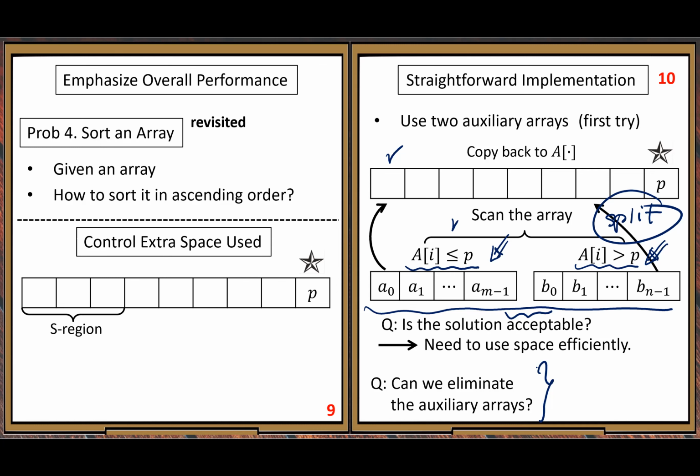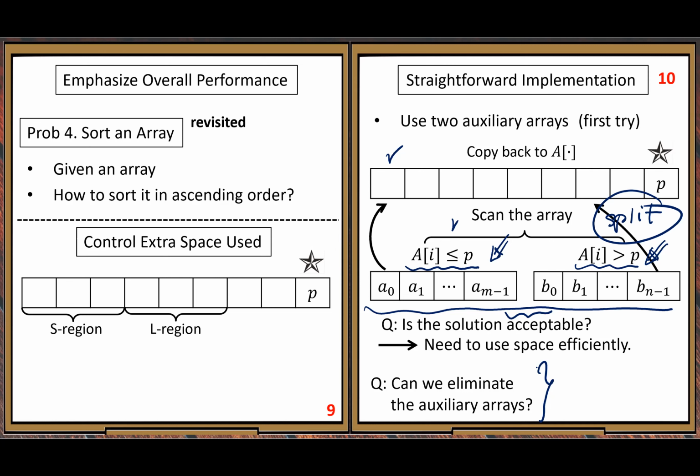The first region we call the S region. S means smaller or equal to P. All the elements in the S region should be smaller or equal to P. Next, the L region.